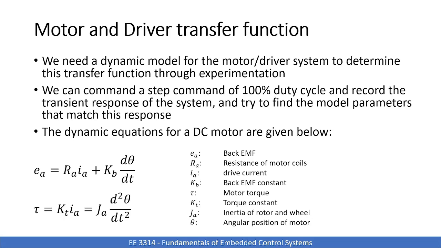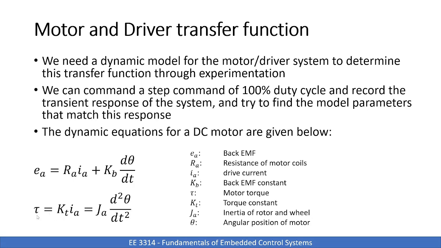If you look at the dynamic equations for a DC motor, those are given below, and you can see they're kind of complicated, right? So we have the voltage is equal to the resistance in the motor coils times the drive current, plus this back EMF constant times the theta dot, right? The velocity. Okay, so that's one equation.